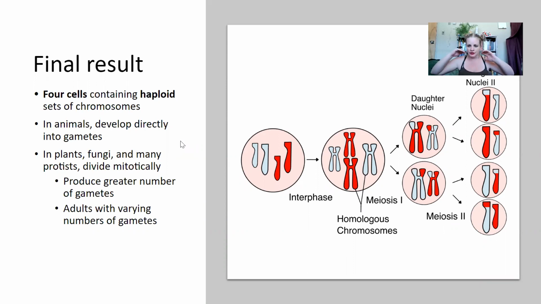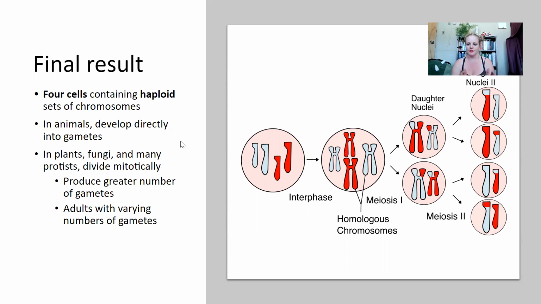All right, to wrap up meiosis, our final result is 4 haploid cells. They are genetically distinct from each other and genetically distinct from their parent cell. In us animals, these are going to develop directly into gametes. In plants, fungi, protists, and some other critters, they're going to undergo mitosis and create multicellular individuals that will go on to create the gametes.